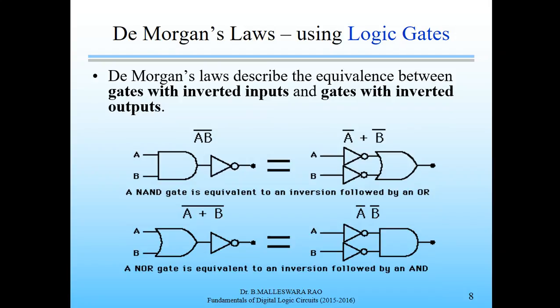So thereby a NAND gate is shown as equivalent to an OR gate with the inverted inputs. Similarly, an OR gate with an inverted output is shown to be equivalent to an AND gate with inverted inputs. We also know that an OR gate with the inverted output is a NOR gate. So thereby it is equivalent to an AND gate with inverted inputs.